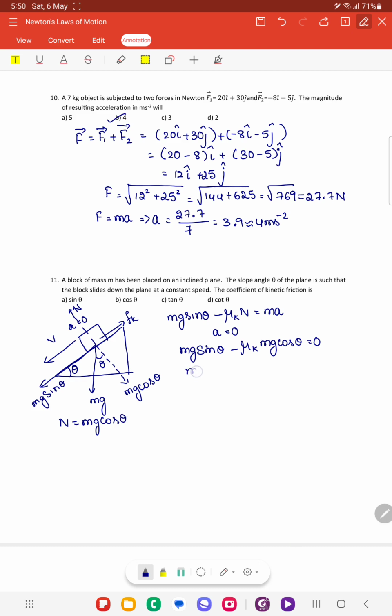Therefore we have mg sin theta is equals to mu k mg cos theta. Here mg cancels on both the sides, so mu k can be written as sin theta divided by cos theta. Sin theta by cos theta is tan theta, so mu k is equals to tan theta. So option C is the right answer.